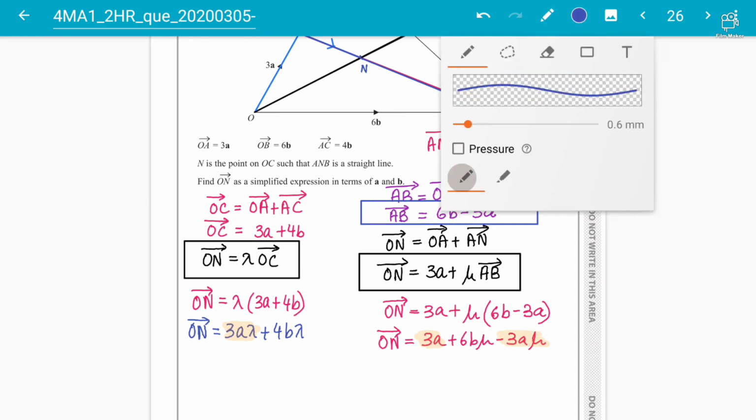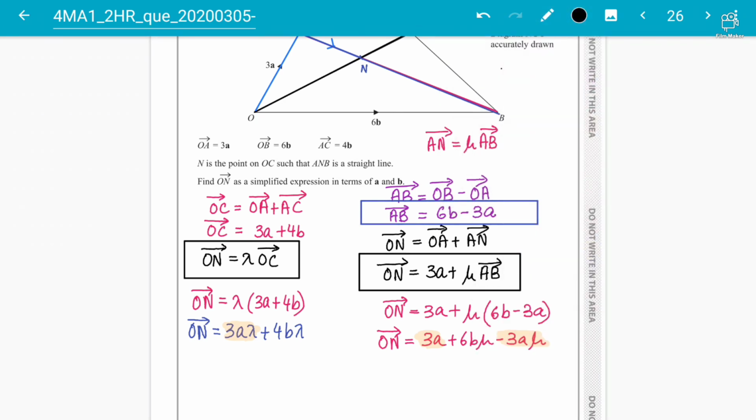That's going to be our one equation. Follow very carefully. And we follow the other highlighter in green: 4b lambda is equal to 6b mu. That is very important.